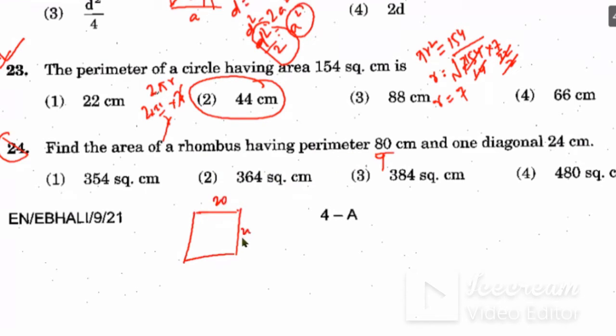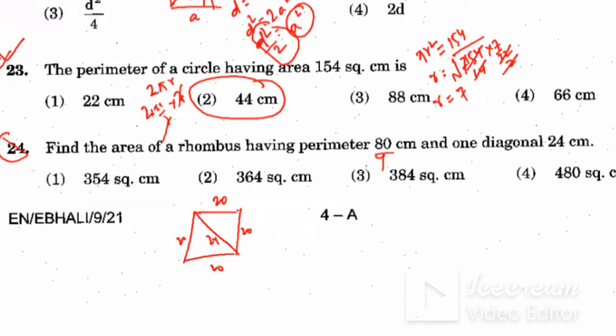So this is 20, this is 20, this is 20, this is 20, and one diagonal is 24. If you remember, you can directly use the formula for the area of the rhombus.